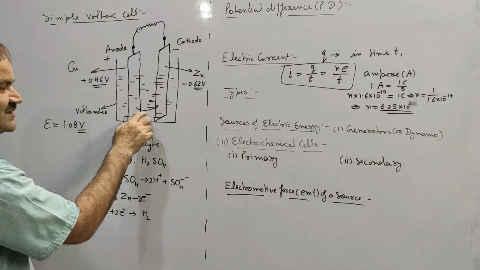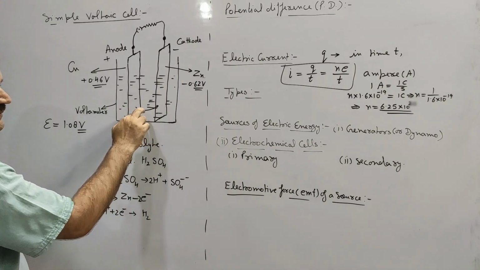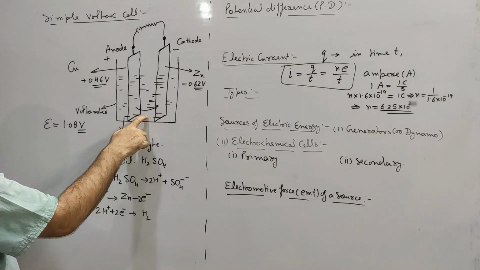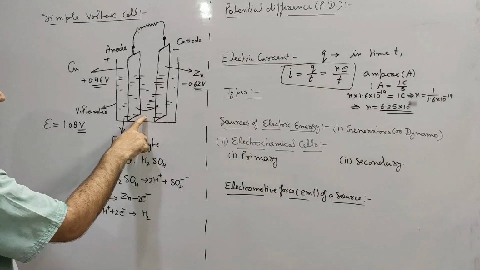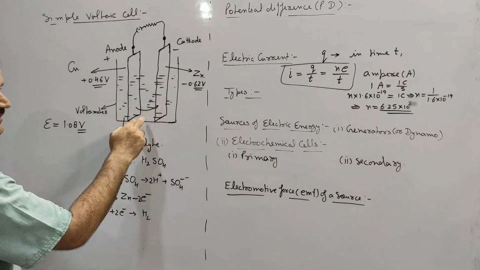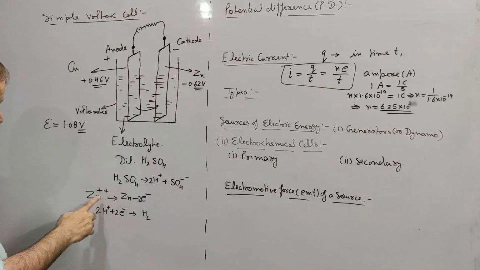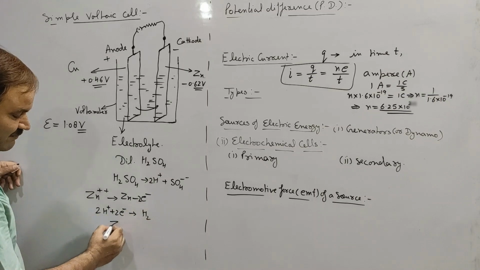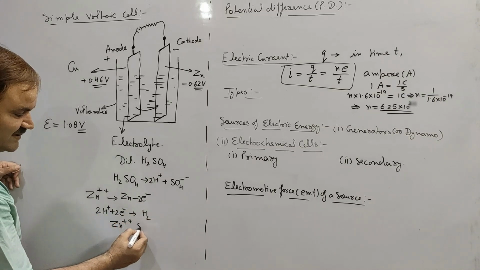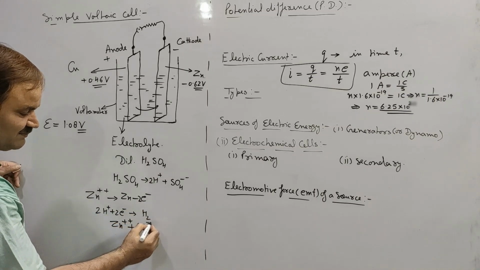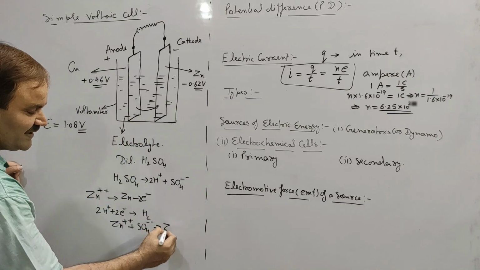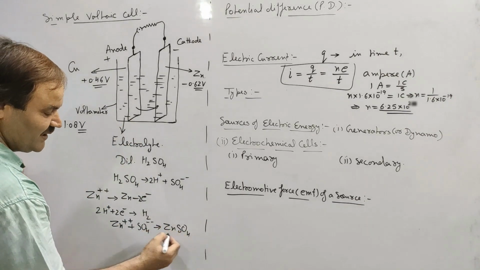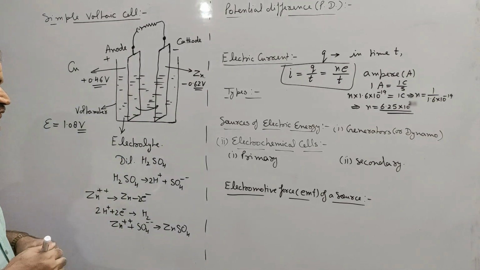Because of those electrons which are taken by hydrogen, the negative charge of electrolyte will increase, and to compensate this rise in negative charge, zinc atoms are entering in the form of zinc ions. These zinc ions combine with sulfate ions present in electrolyte to form ZnSO4, and during the working of cell, this ZnSO4 gets deposited at its bottom in the form of white precipitate.